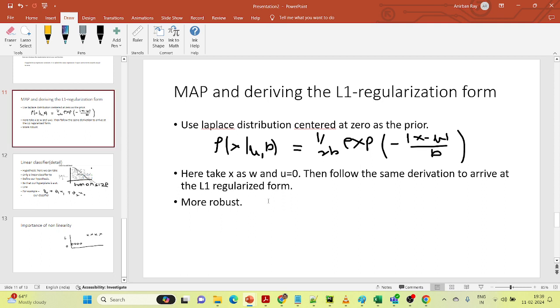So what happens is this is more robust, as it simplifies the hypothesis.